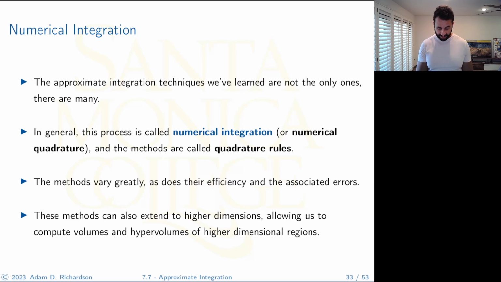The methods also extend to higher dimensions. So if you want to let your brain go wild, just remember that even the things we talked about today, you can extend all of these techniques to higher dimensions. And some of them you will see in Calc 3.